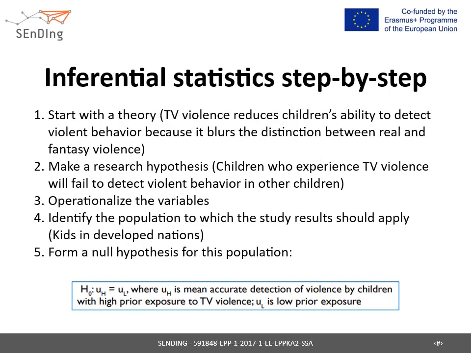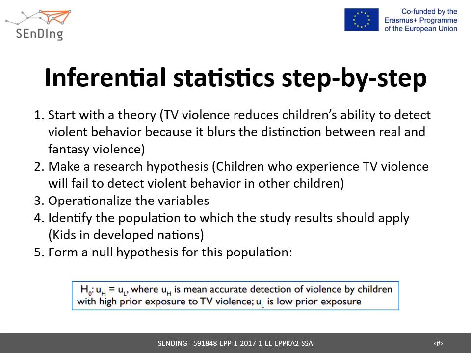Here is a step-by-step procedure for performing inferential statistics. 1. Start with a theory. For example, TV violence reduces children's ability to detect violent behavior because it blurs the distinction between real and fantasy violence. 2. Make the research hypothesis. For example, children who experience TV violence will fail to detect violent behavior in other children. 3.